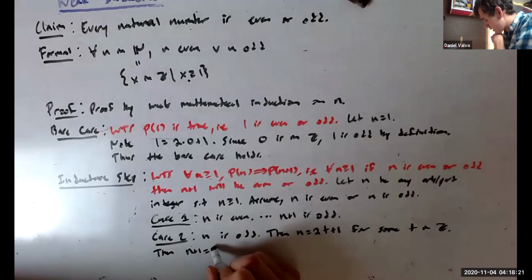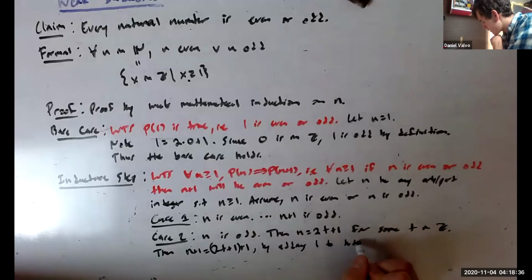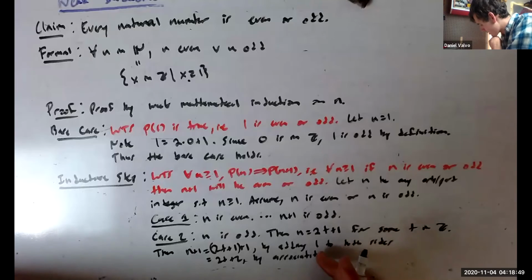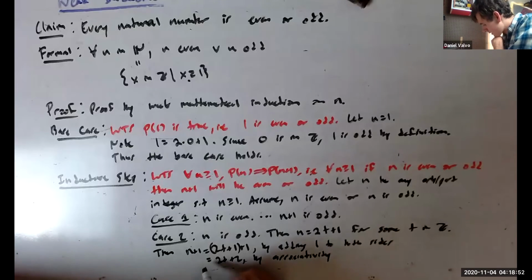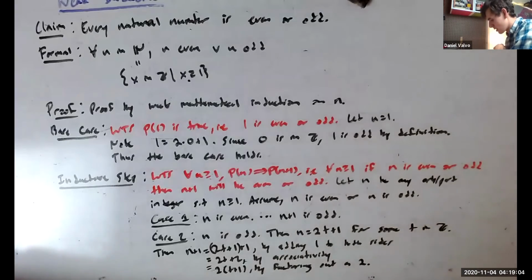Then n plus 1 equals 2t plus 1 plus 1, by adding 1 to both sides, and that equals 2t plus 2 by associativity, and that equals 2 times t plus 1 by factoring out a 2.